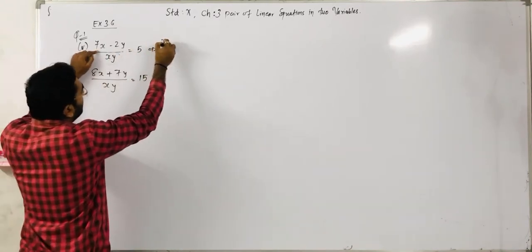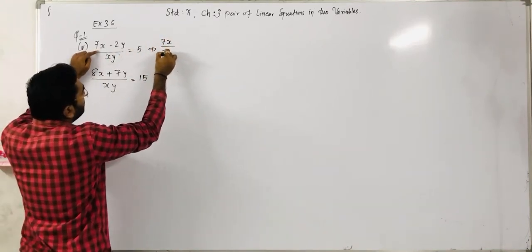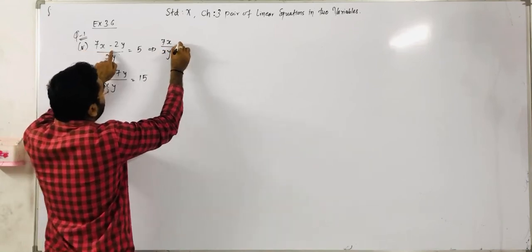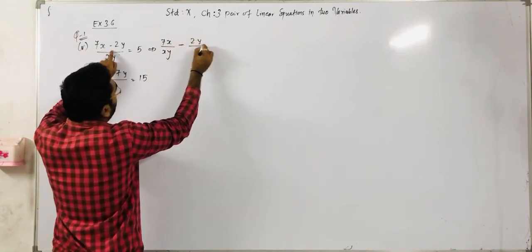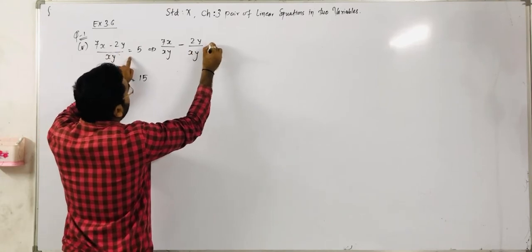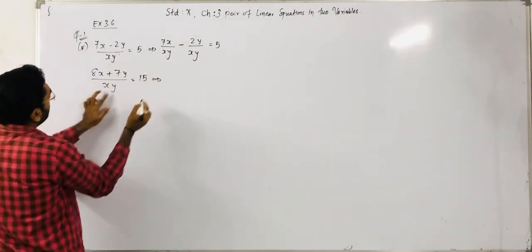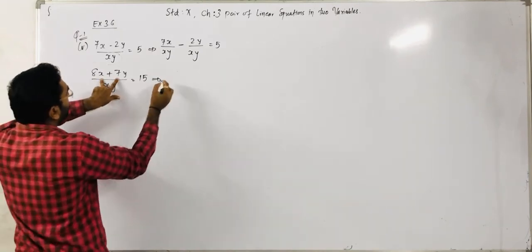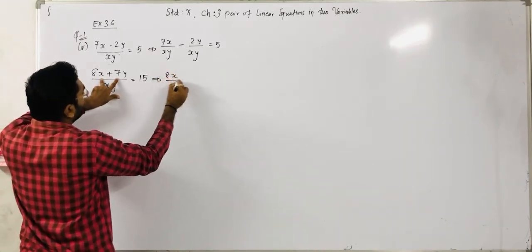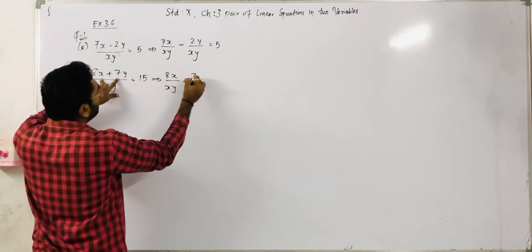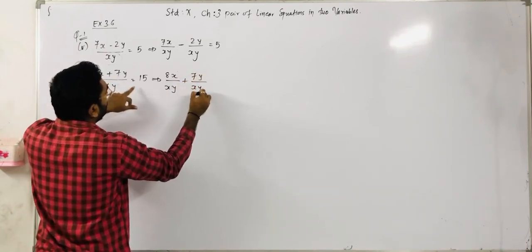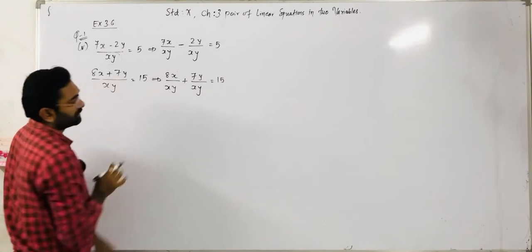So we can rewrite it as 7x upon xy minus 2y upon xy is equal to 5. In the other equation, in the same way, we split it into two terms: 8x upon xy plus 7y upon xy is equal to 15.